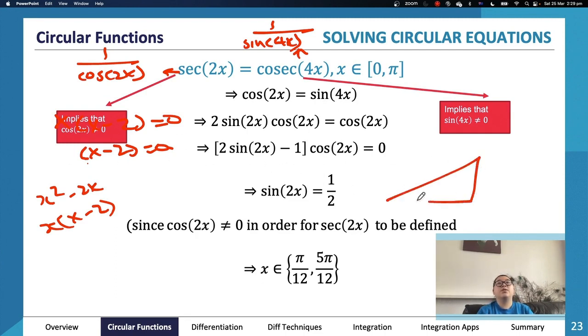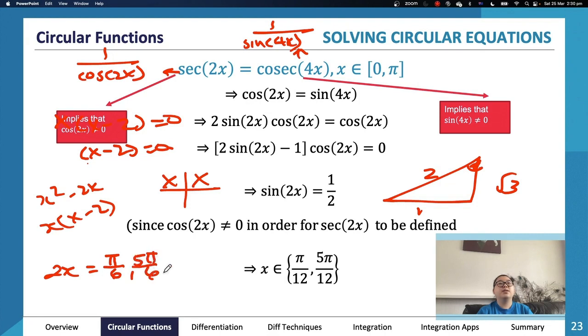So we look at our triangle, it's our 2, 1, root 3 triangle. Once again, we're looking for this angle up here, so it'll be pi on 6. Then we check which quadrant it's in, so it's going to be in quadrant 1 or in quadrant 2, right? And our domain is 0 to pi, but we'll have 2x will therefore equal pi on 6 or 5 pi on 6, right?